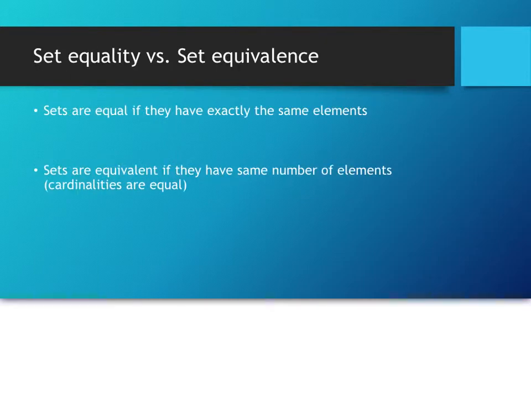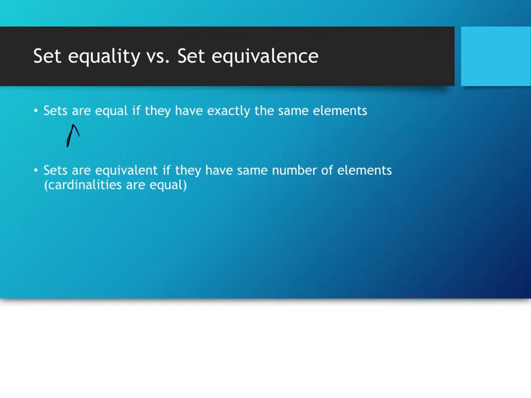Now I want to say something about sets, equality versus equivalence. Alright? Now, when I say two sets are equal, that means they have exactly the same elements. So let me give you an example of equal sets.